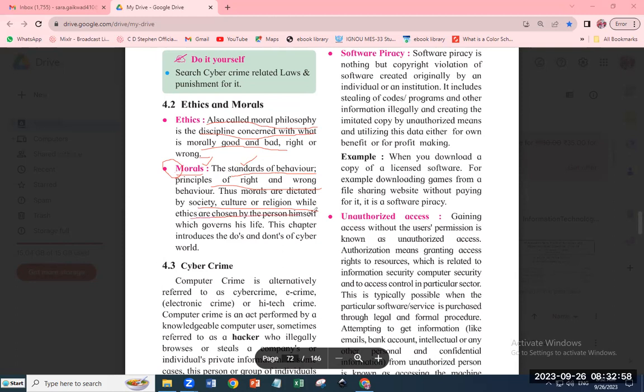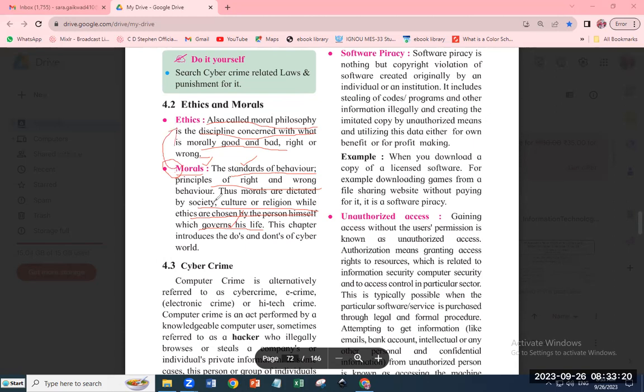Ethics are chosen by the person himself, or governed by his life, the government, or the society. It depends. Morals are the standards of behavior, the principles of right and wrong. Now I have understood what is right and what is wrong. Then, do I follow the right things? That is ethics.